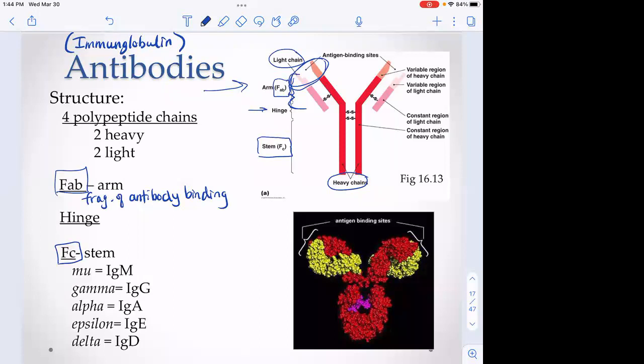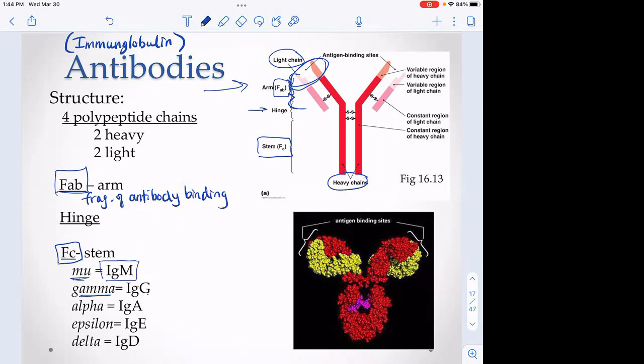So if it comes from the mu region of the gene, when you're talking about a segment of a gene, it's correct to italicize it. That's why it's italicized there. Then that turns into an IgM antibody, with that mu stem. If it's from the gamma region, then it's an IgG. If it's alpha, it's IgA. So immunoglobulin M and immunoglobulin G, and so on and so forth.